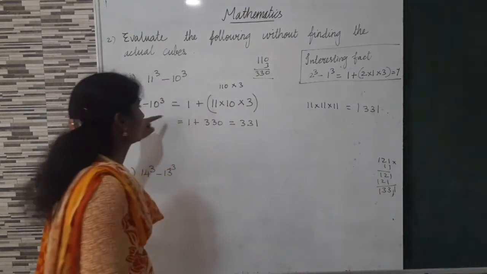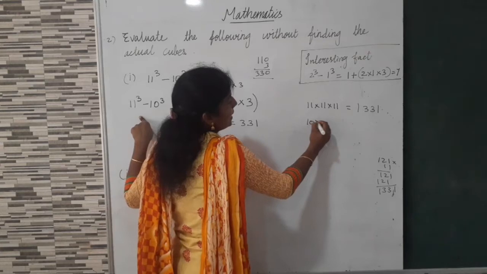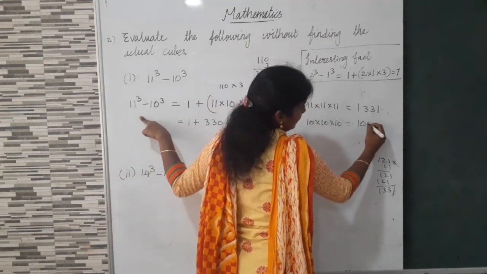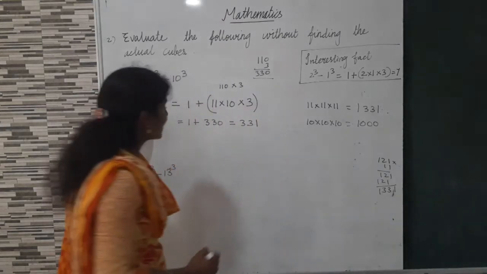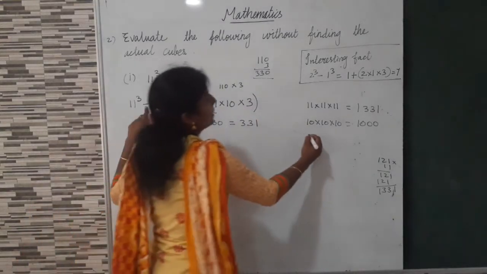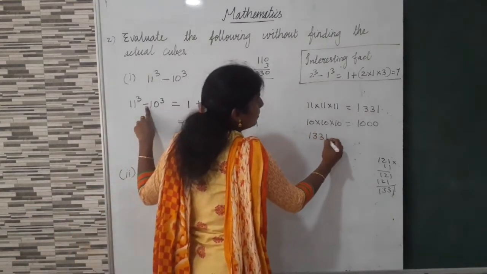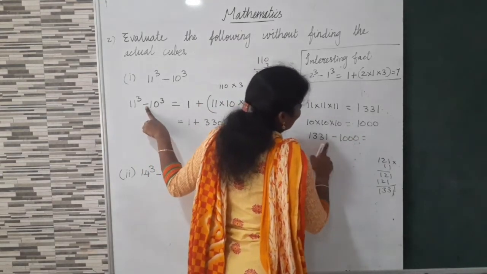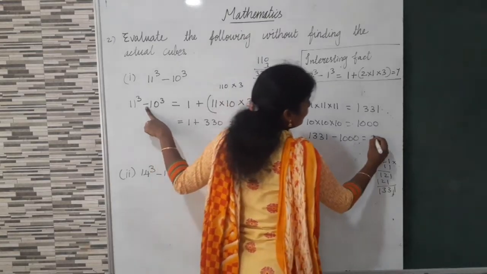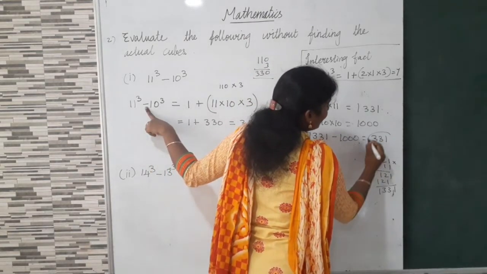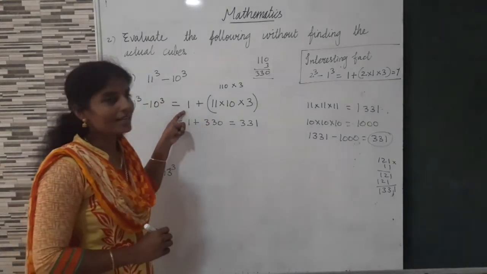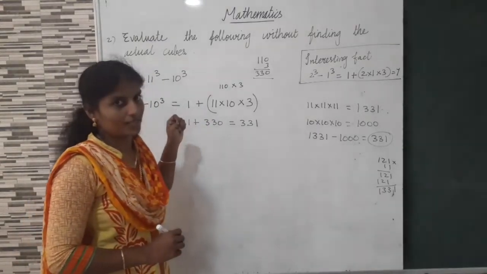Then 10 cube means 10 into 10 into 10 equal to 1000, isn't it? Now we can subtract 11 cube, 1331 minus 1000 is equal to 331. Did you get the same answer? Okay, this is very easy, isn't it? We can follow this fact.